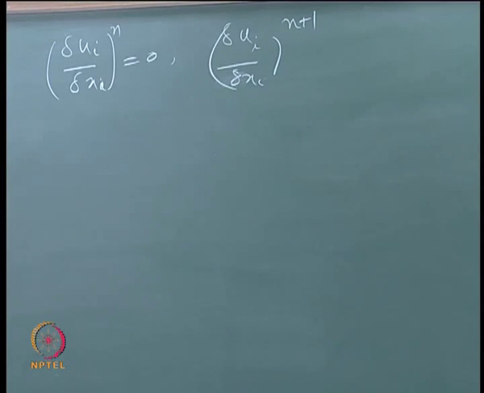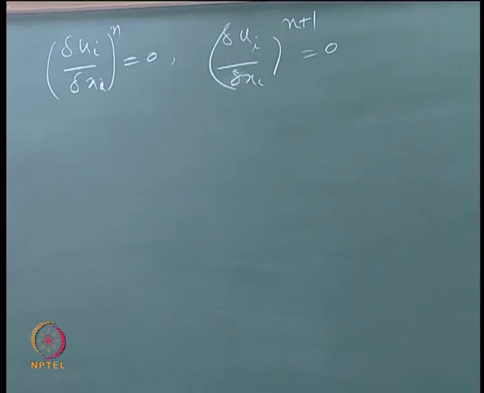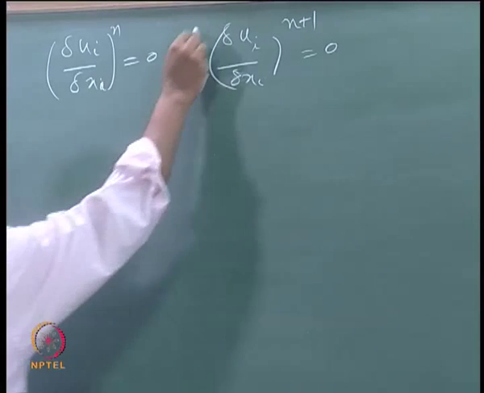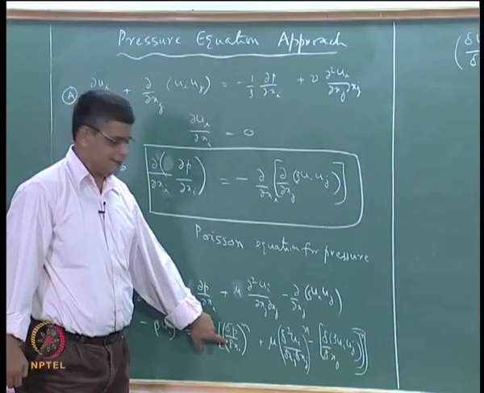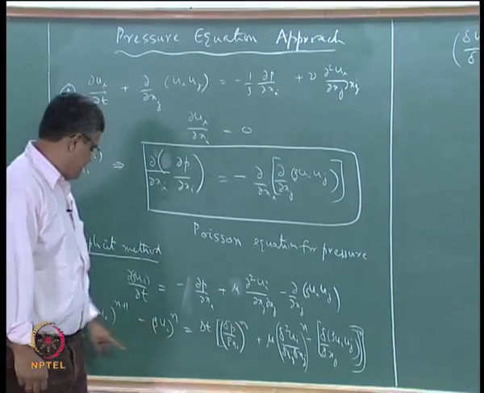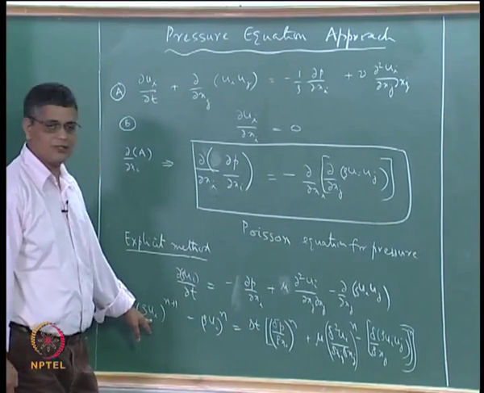So this must also be equal to 0. Okay. So, if we can impose this condition in evaluating the pressure gradient at n, then we can make sure that we have the correct velocity field here.